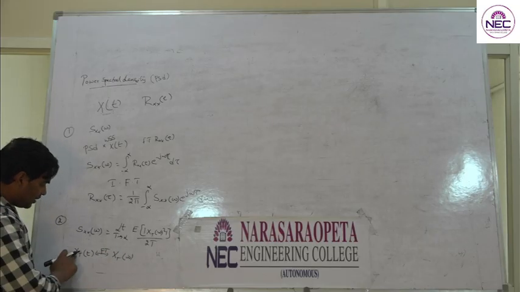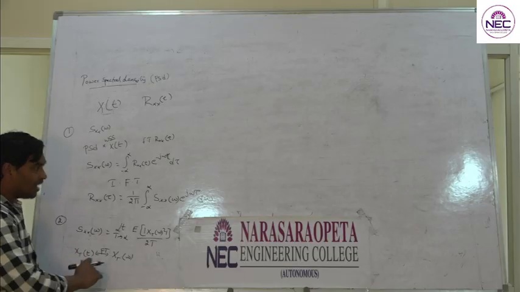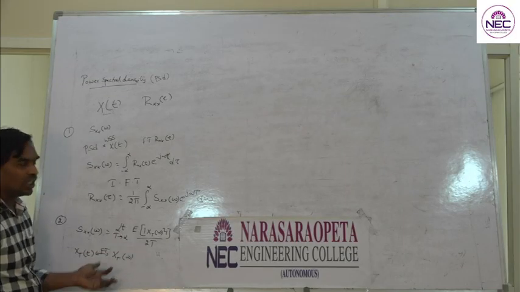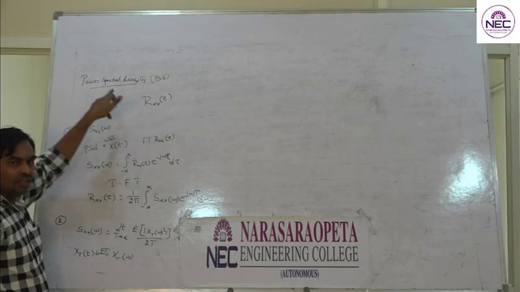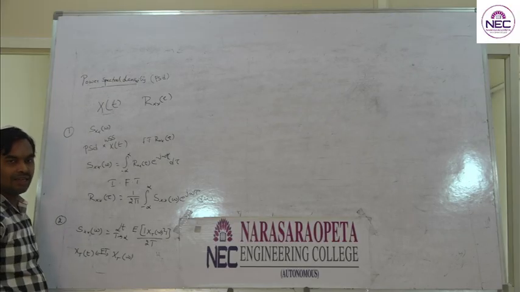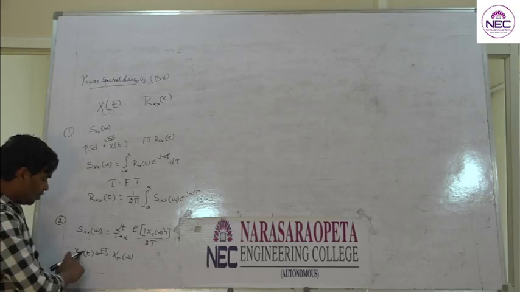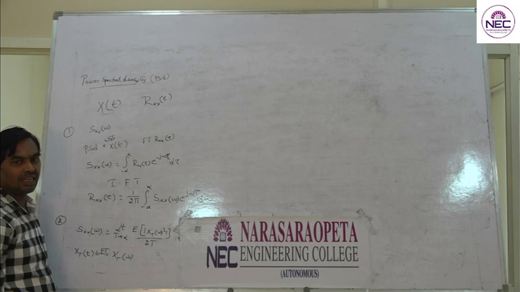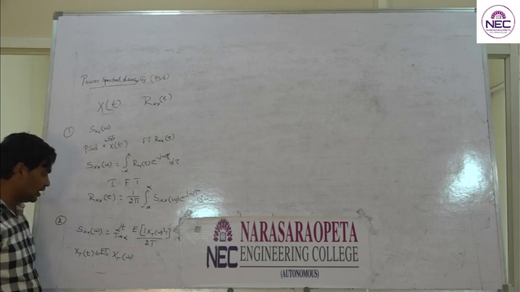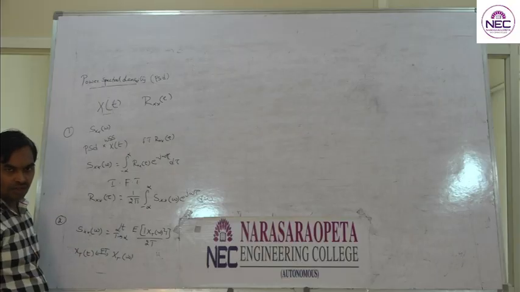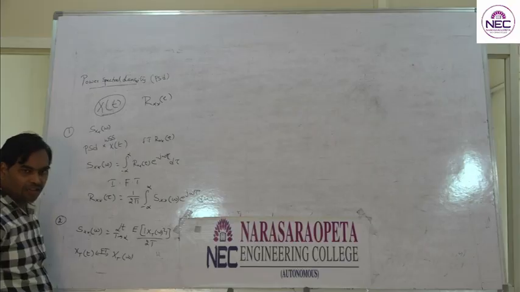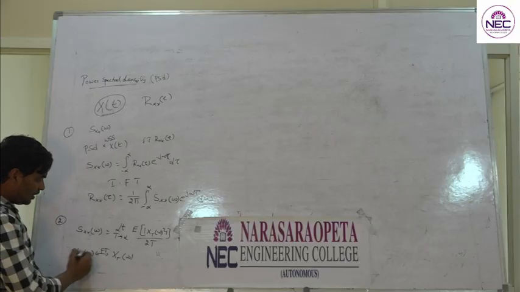As we have said, we cannot directly apply the Fourier transformation technique on x of t. So instead of x of t, I have considered the other random variable x_T of t, which is defined only in the time interval minus T to T rather than minus infinity to infinity.